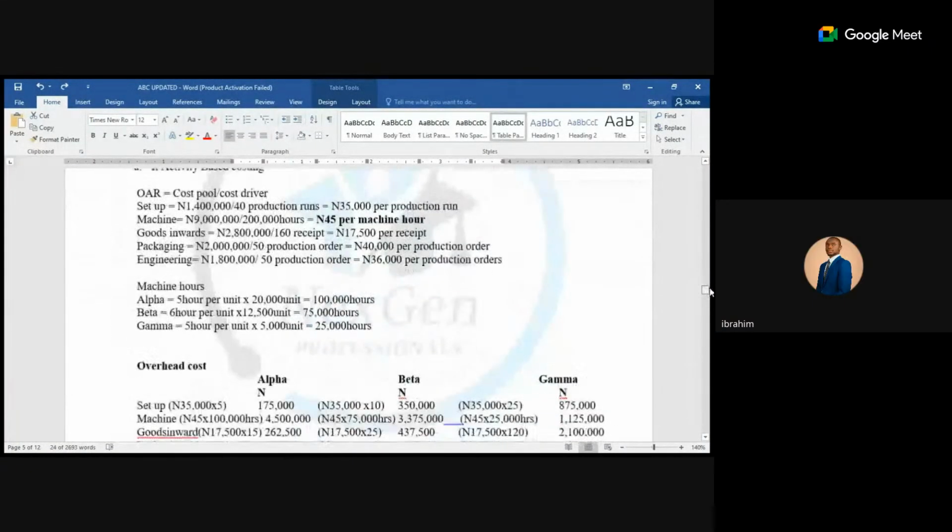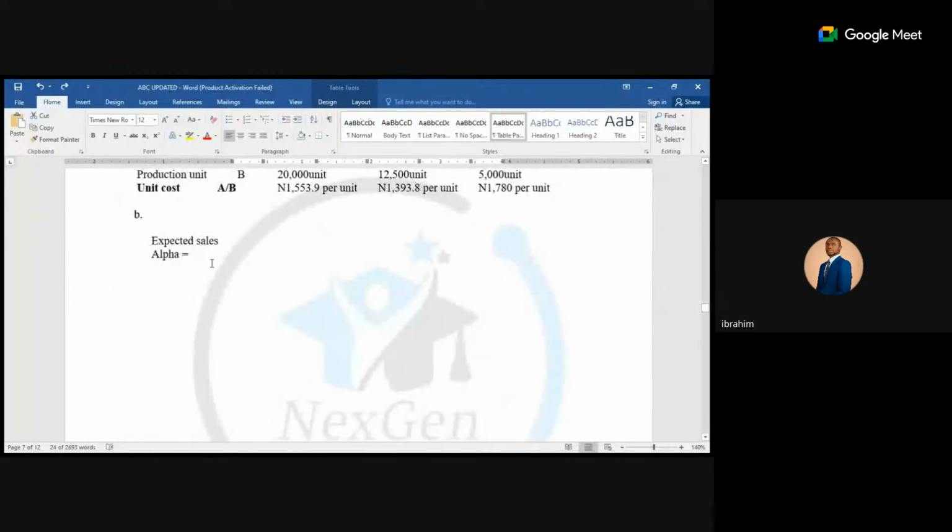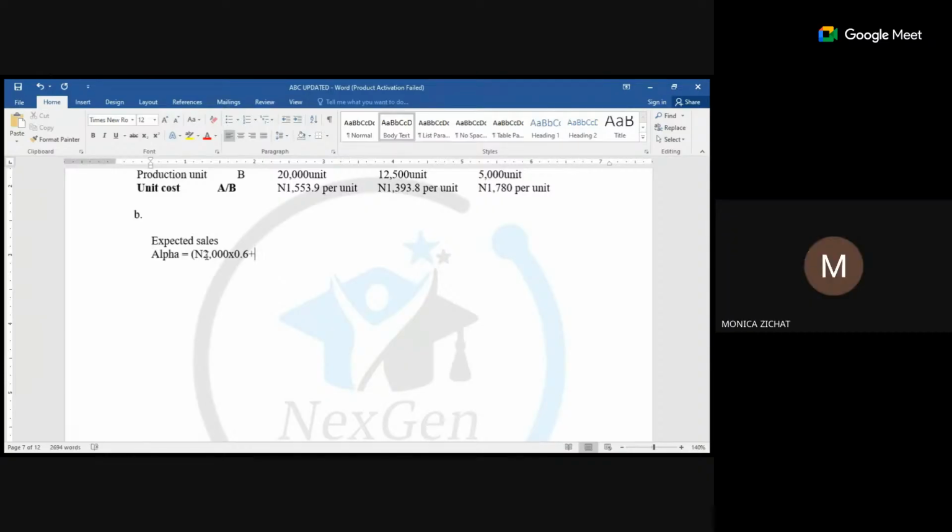So we move to expected sales. 2,000 naira per unit times what is the probability? 0.6, plus what is the selling price? 2,200 naira times what is the probability? 0.3, plus what is the selling price? 2,300.